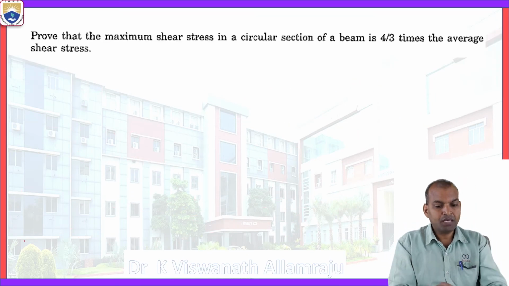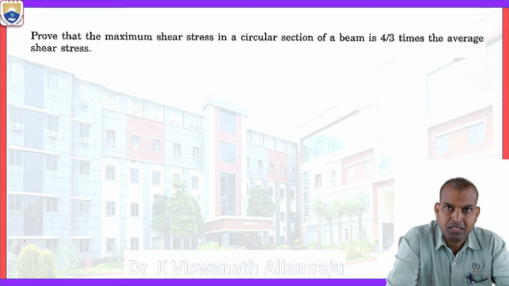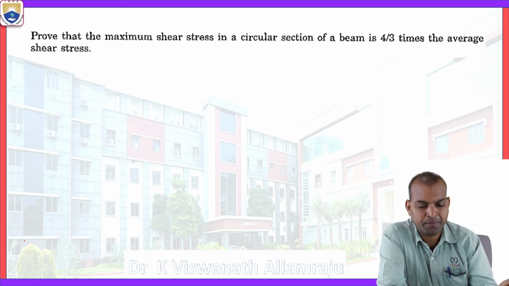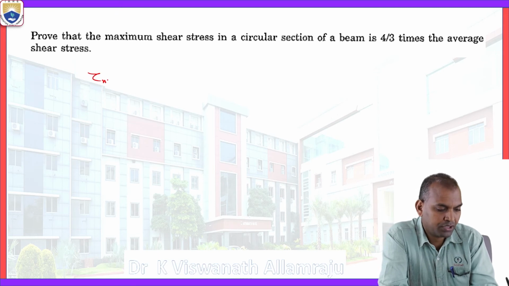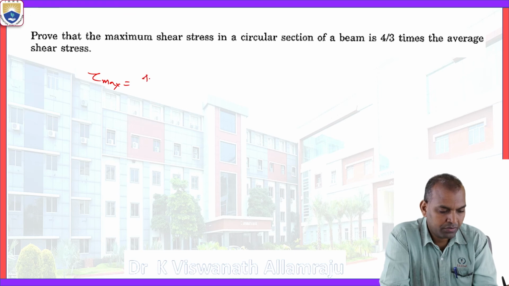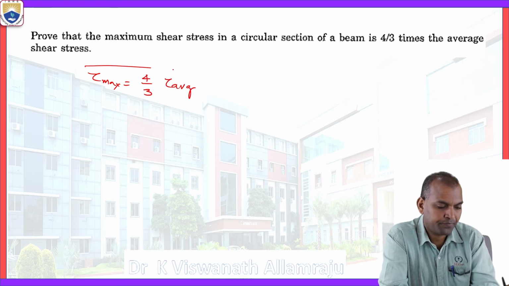Next, we already solved this problem. In examination they may ask: prove that the maximum shear stress in a circular cross section of the beam is 4/3 times the average shear stress.